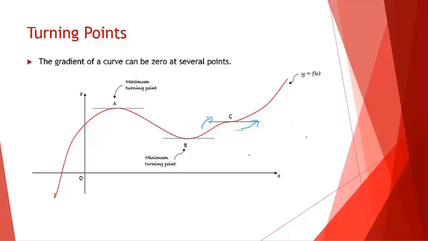Any point on a curve at which the sense of turning changes is called a point of inflection. Apart from C, there are two other points of inflection, one between A and B, another between B and C. Thus, the gradient at a point of inflection is not necessarily 0.